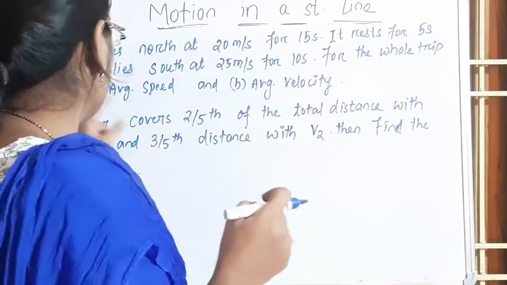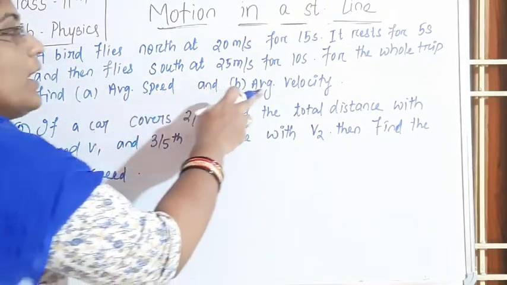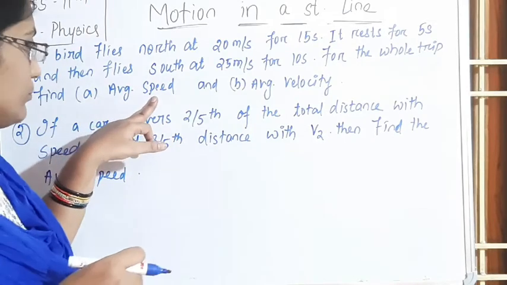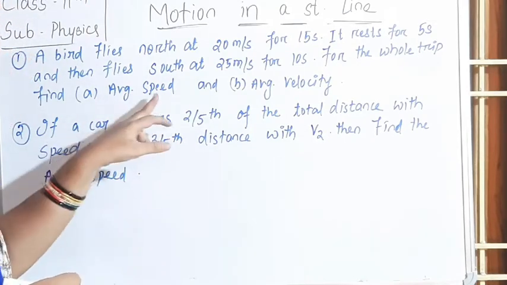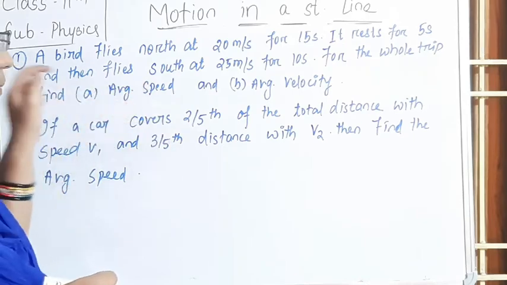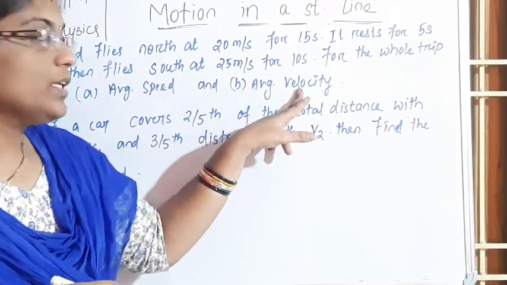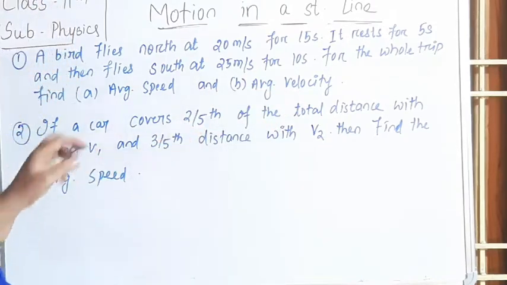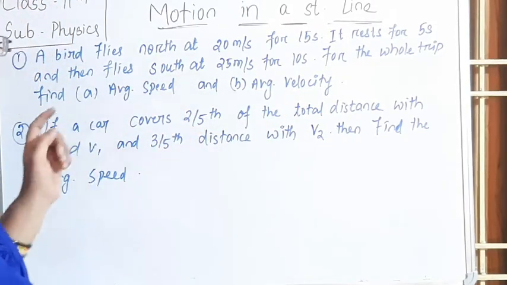For the whole trip, you have to find the average speed and average velocity of the bird. The average speed formula you know: total path covered by the total time interval, and average velocity is the total displacement by the total time interval.